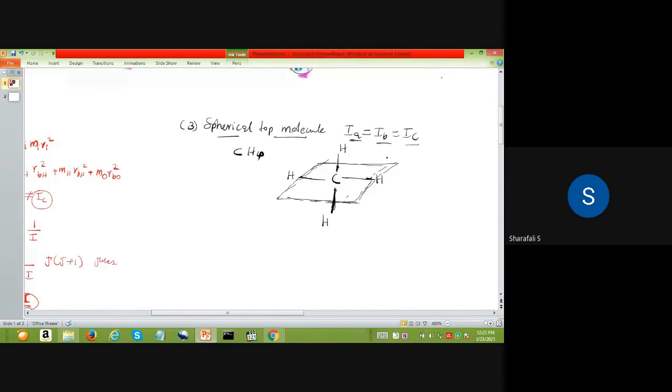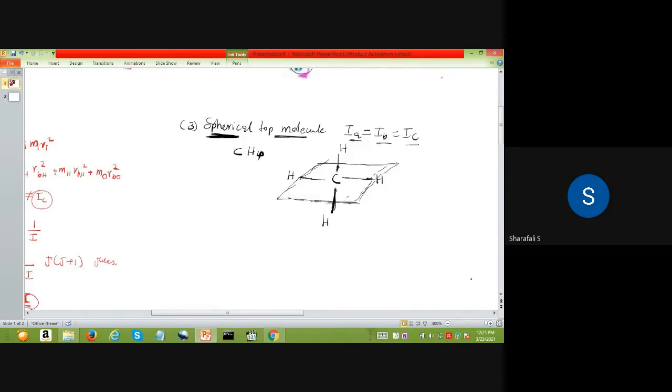And in this particular case, we do not have any dipole moment change. So there is no dipole moment in this case because they balance each other. So the spherical top molecule is microwave inactive, and it will not show a microwave spectrum.